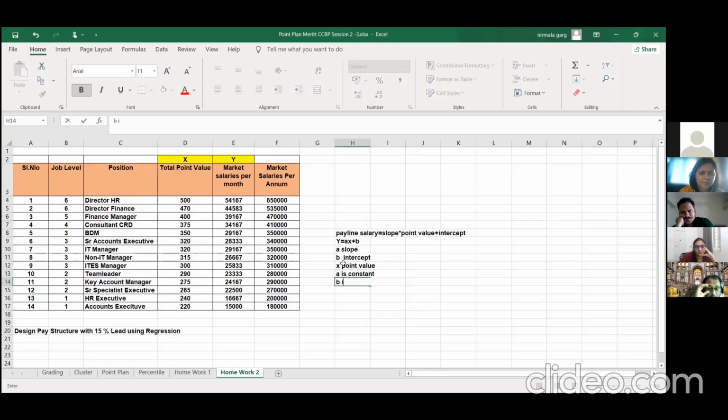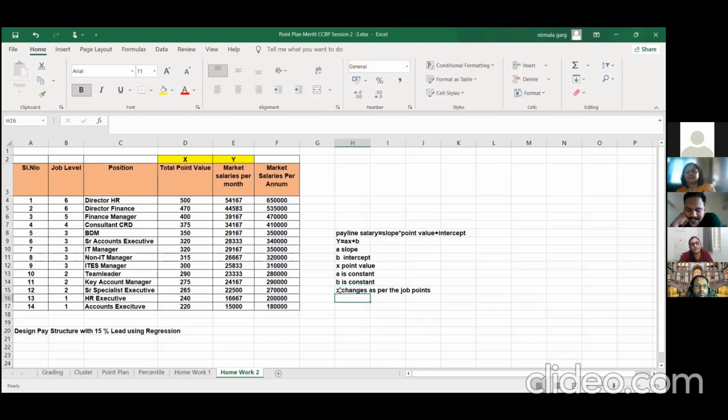B is constant. That means it's the same value for everything. Only what changes is the point value, X, which changes as per the job points. Now is it clear, guys?